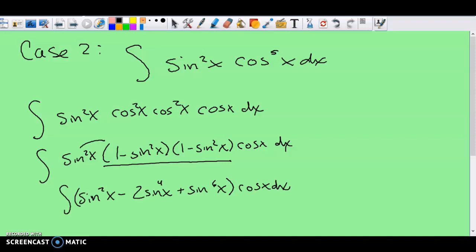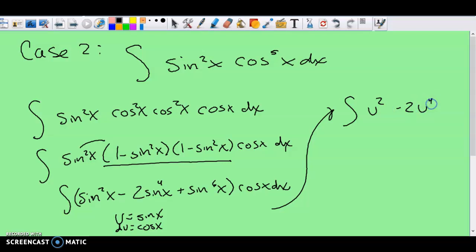And so now I'm going to make u be sine, because that's the more gross part. And what's nice about this one is the derivative of sine is just cosine. So I'm going to replace all of these things with a u. This is going to be the easy part because all I have to do is use power rule and then substitute back in.